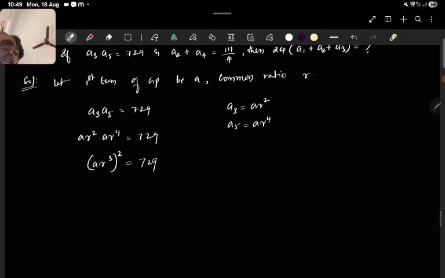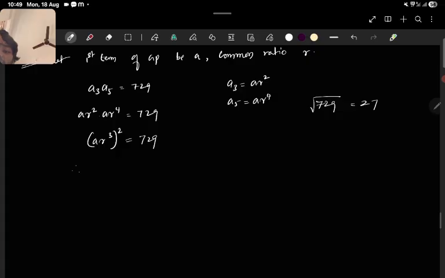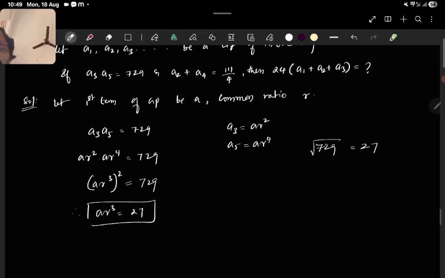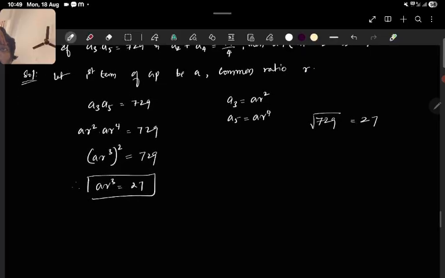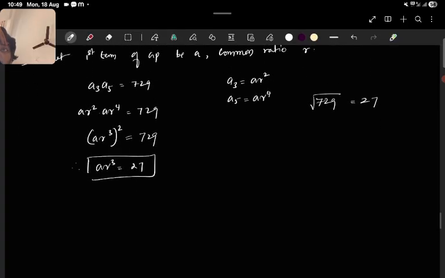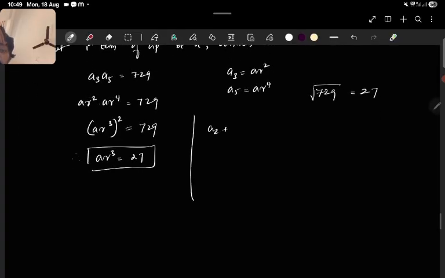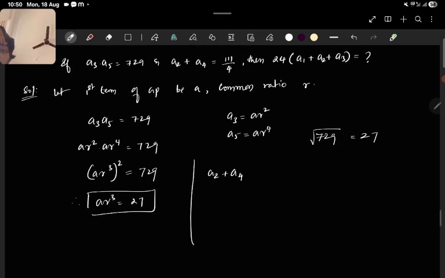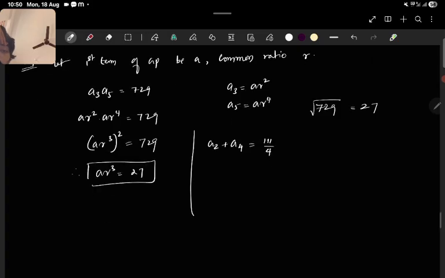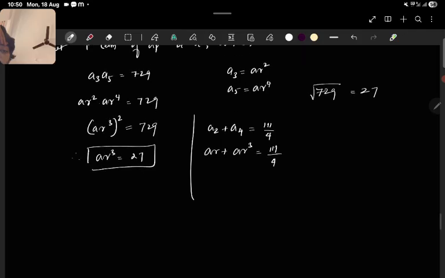The square root of 729 is 27. So that means ar cube is equal to 27. From here we got it. Now they gave one more property: a2 plus a4 is equal to 111 by 4, which is ar plus ar cube is equal to 111 by 4.